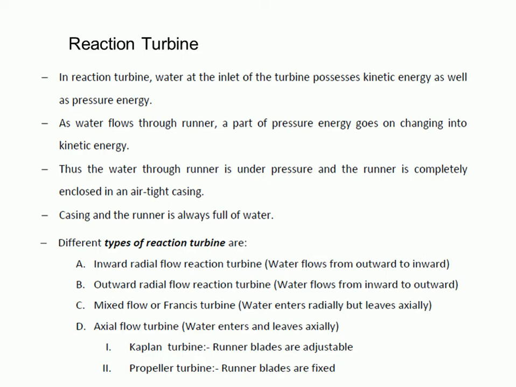Last one, axial flow turbine, in which water enters and leaves axially only. There are two types of axial flow turbine. First one is a Kaplan turbine, for which runner blades are adjustable, and for a propeller turbine, runner blades are fixed.